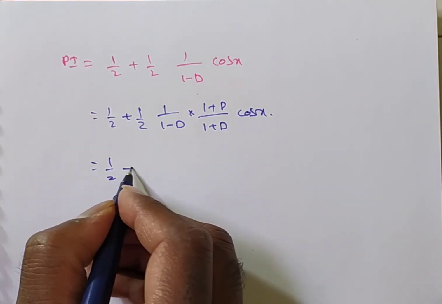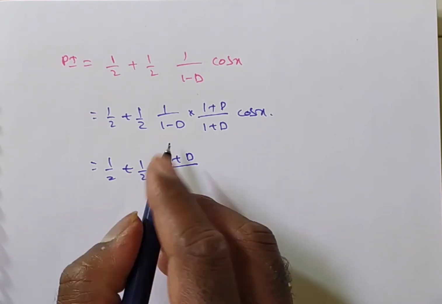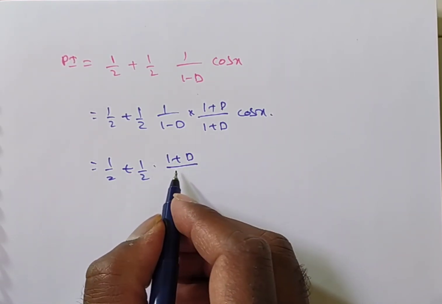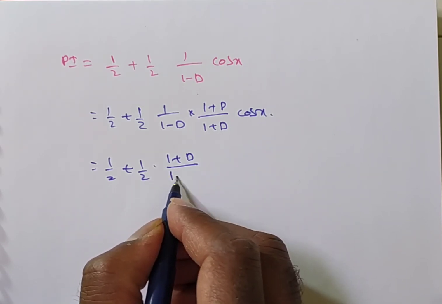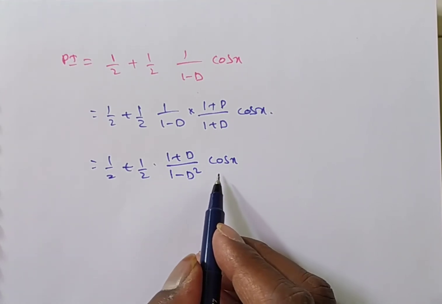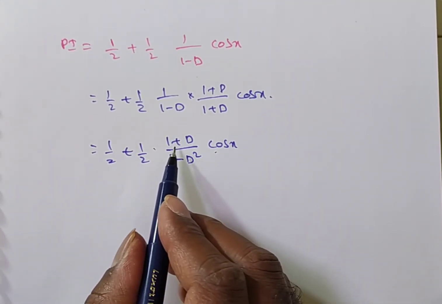Now 1 by 2 plus 1 by 2 into, this is 1 plus D divided by a minus b into a plus b. How can I write this one as a square minus b square? So 1 square minus D square into cos x. Now you see, this f of D, denominator is containing D square term. Now numerator is containing D term.